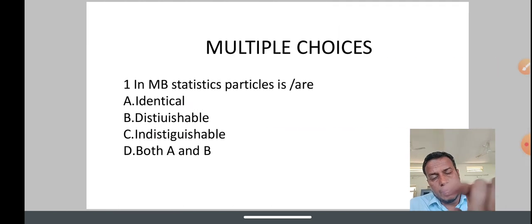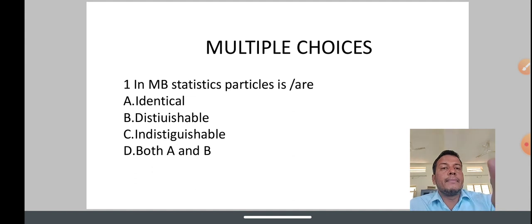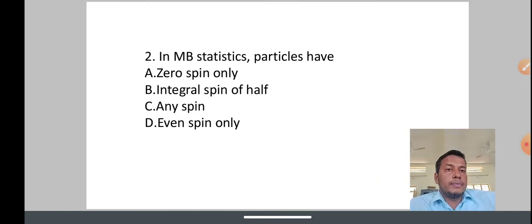Now some multiple choice questions. Let us check what level of understanding we have from here. We know that in MB statistics the particles are identical, distinguishable, indistinguishable, or both A and B. Absolutely, it is identical and also distinguishable, so the answer is D. In MB statistics, which type of spin do particles have: zero spin, integral spin, any spin, or even spin only?